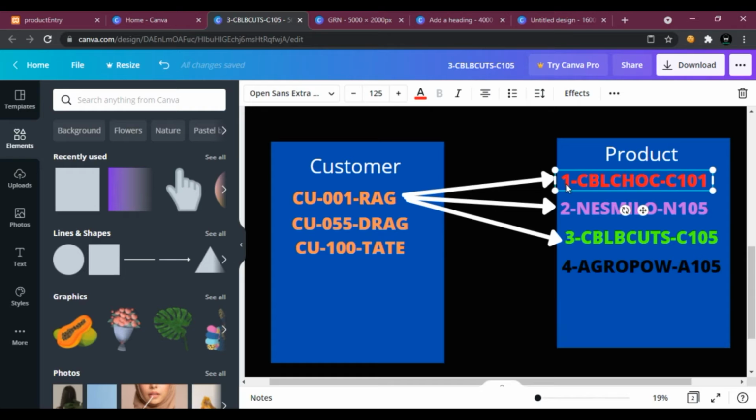One product can be bought by multiple customers, right? Like this.